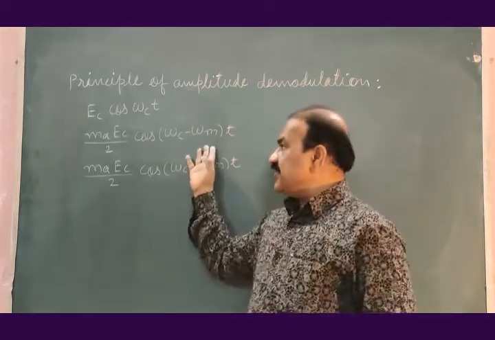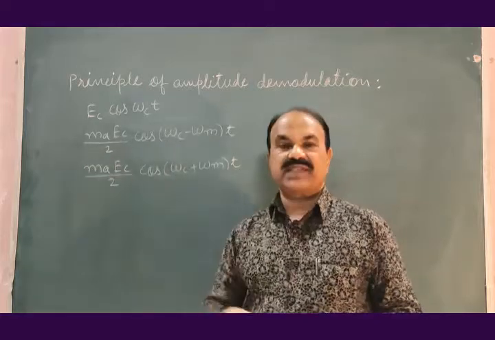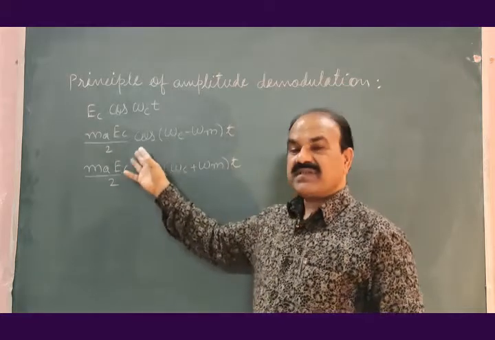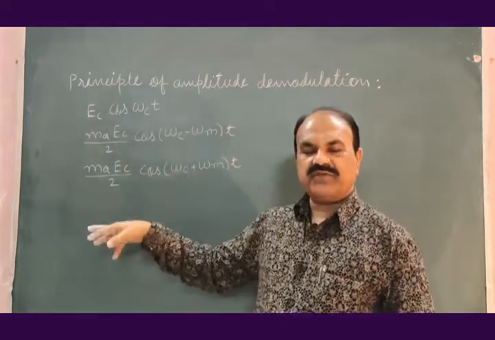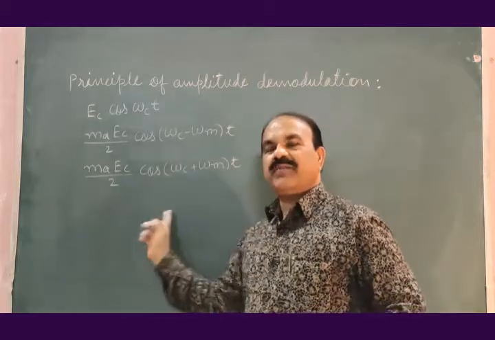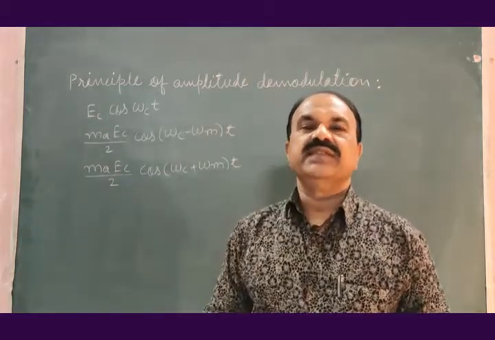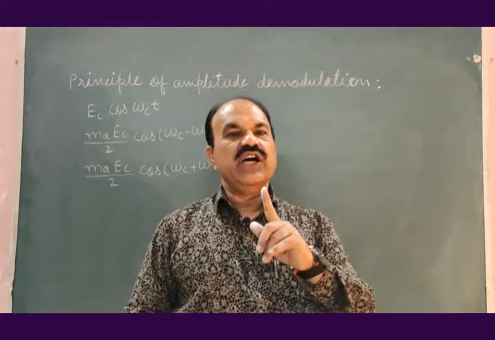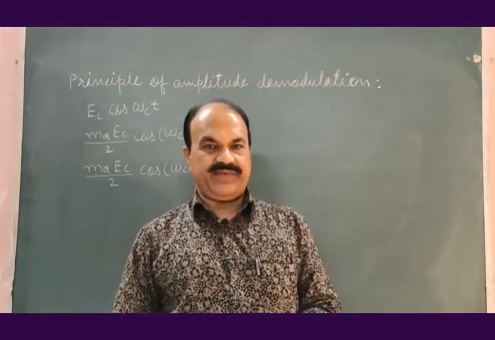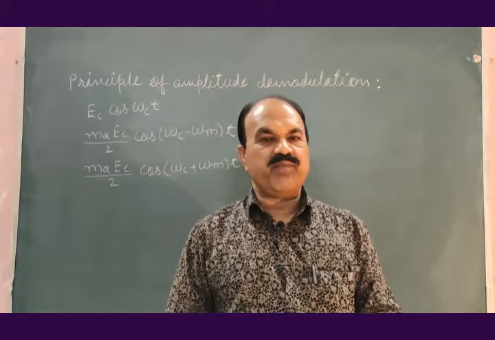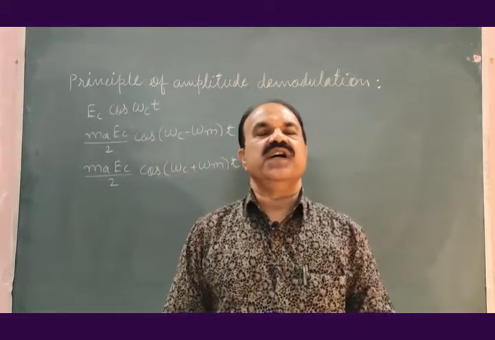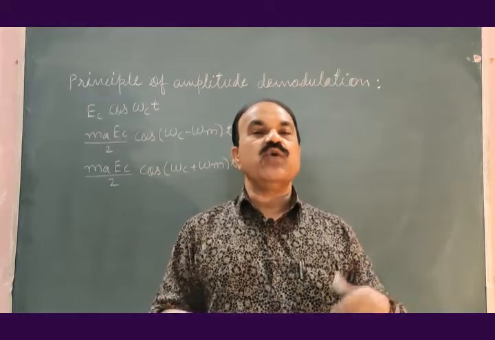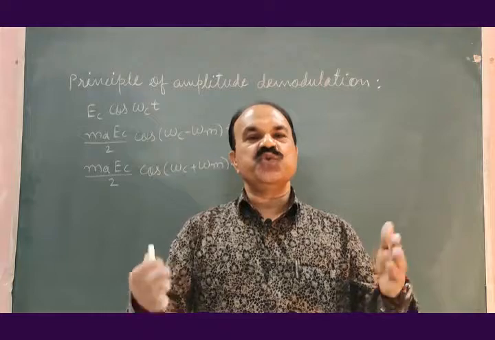We know that this is the lower sideband, this is the upper sideband. To recover the information from either the lower sideband or upper sideband, we need a non-linear circuit. A bipolar junction transistor is a non-linear circuit when it is used without biasing, when it is used at cutoff.